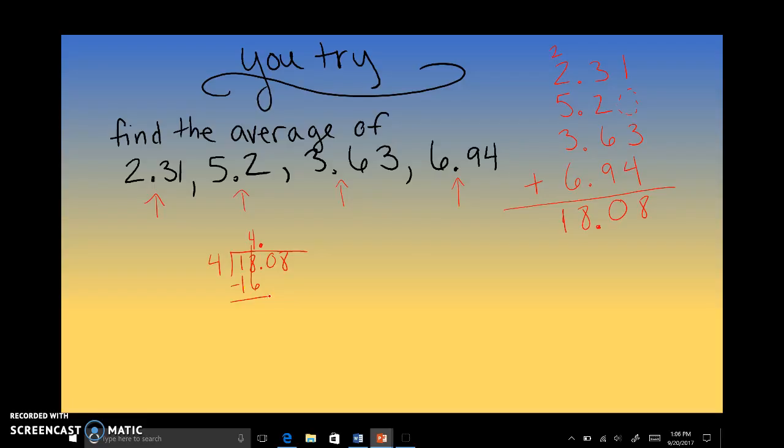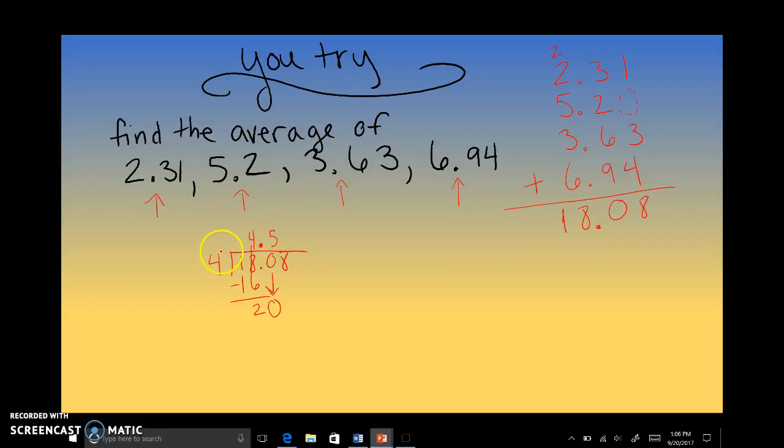When we subtract that, 18 minus 16 gives us 2. We're going to bring down the next 0 and ask ourselves that question again. How many times does 4 go into 20 without going over? It goes in 5 times.